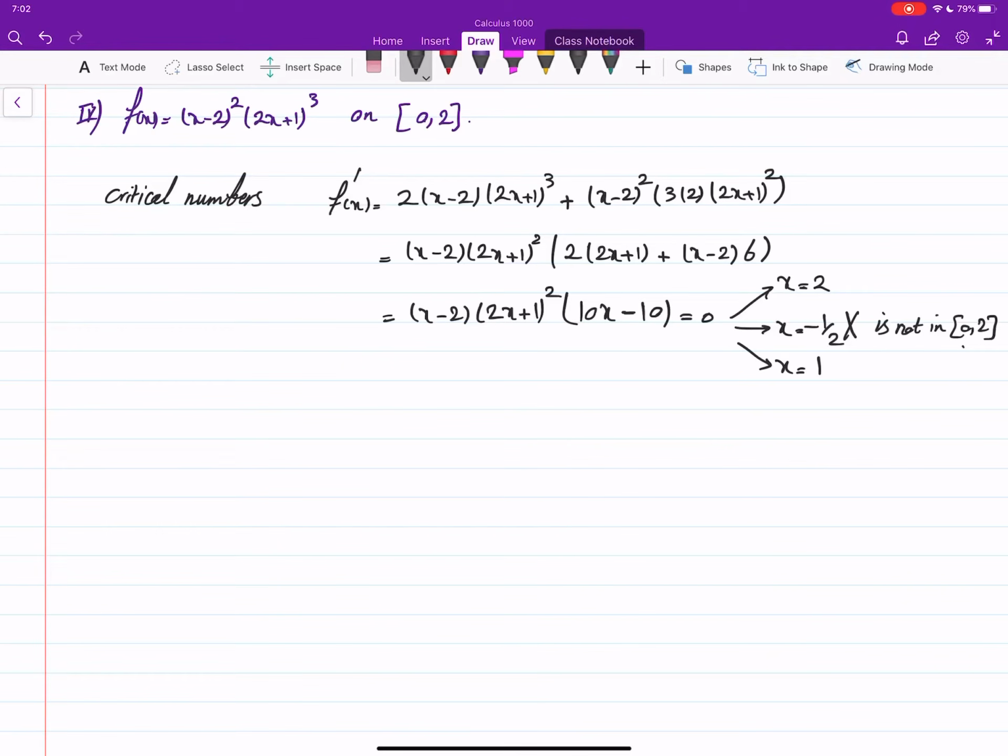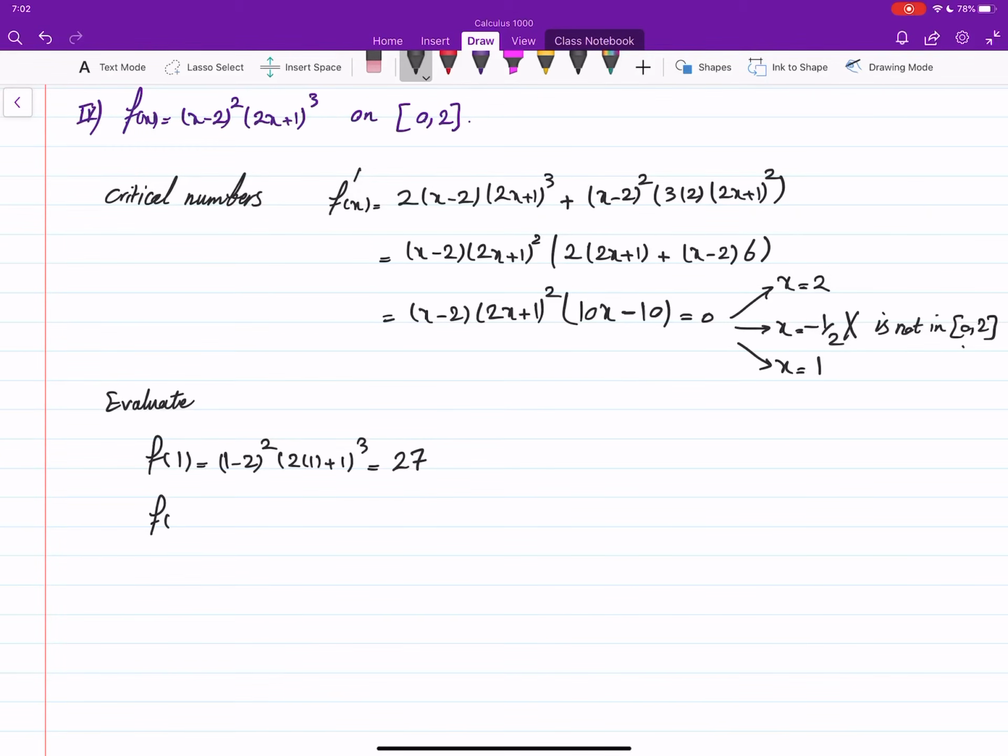Then evaluate the function. So evaluate f at 1 gives us 1 minus 2 squared, 2 times 1 plus 1 cubed. Should be more than that, yes, because this is 3 to the power 3, so this is 27 actually.